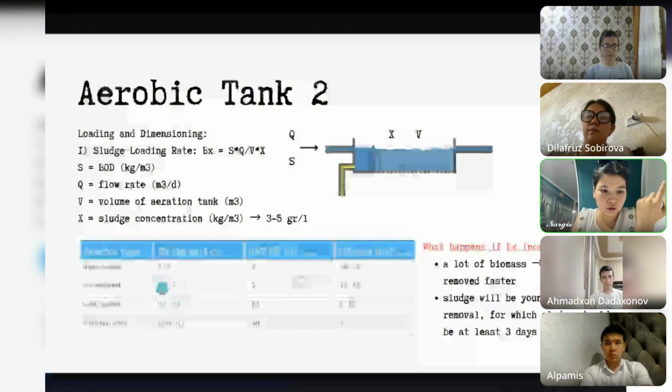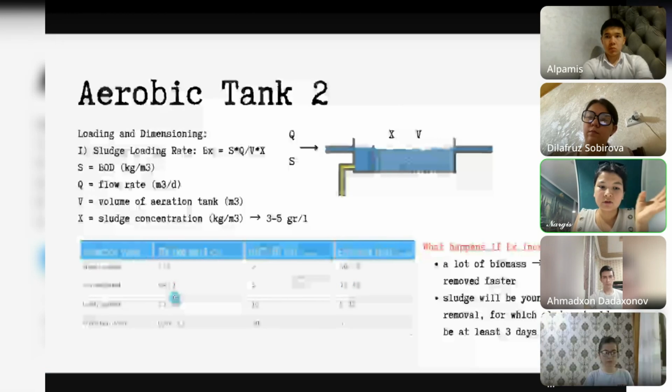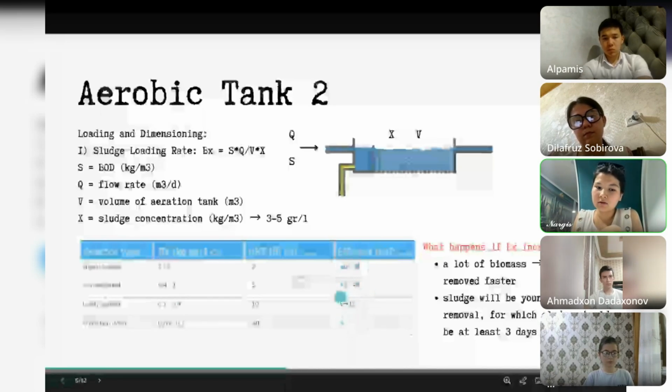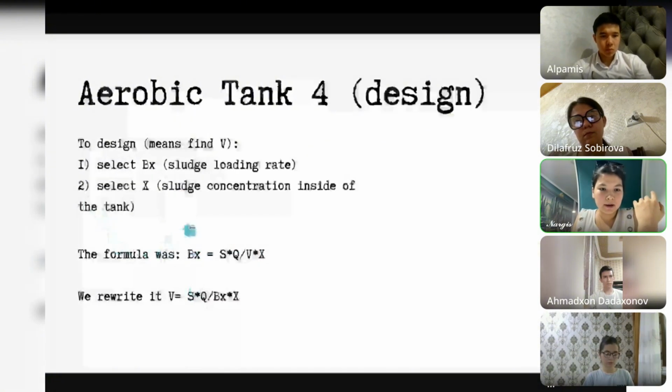If our sludge loading rate is anywhere from 0.4 to 1, then effluent BOD will be 15 to 40 milligrams per liter, right? Depending on that, you can also decide how much BOD you want to send to your aerobic tank. What we want is 0.4, so first we select our Bx, which is 0.4.